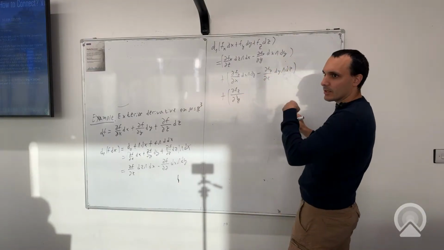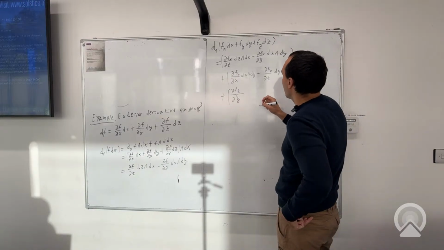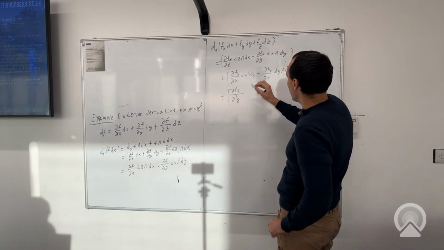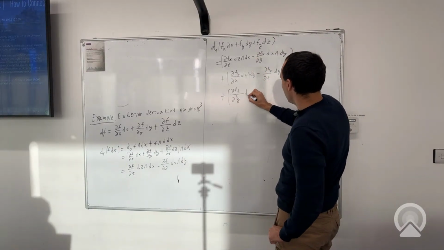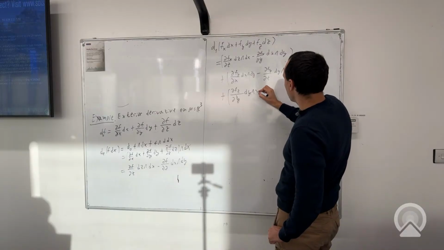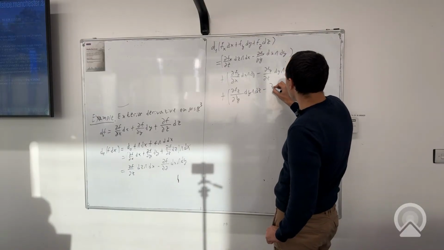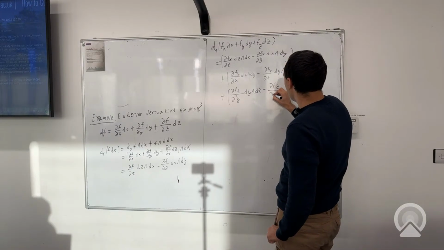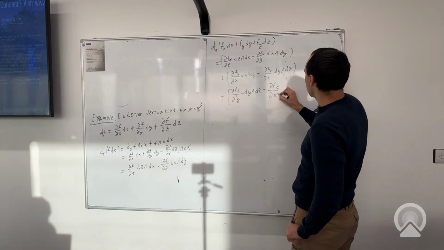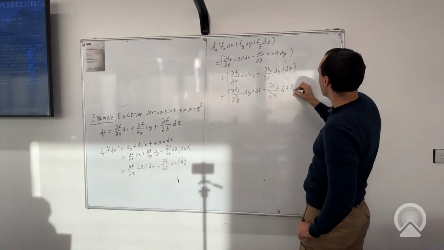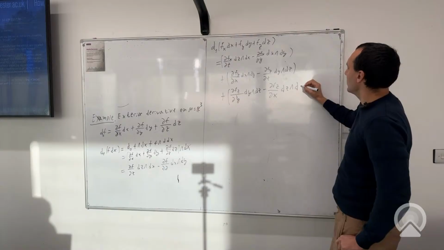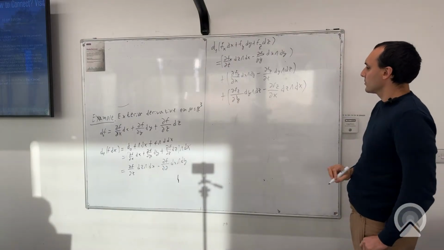I'm just doing cyclic permutations. dy wedge dz minus partial fz partial x dz wedge dx.